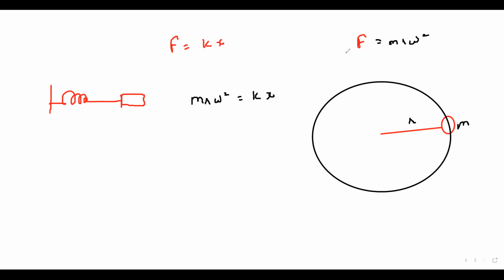So for example, how can I relate a circular motion with a simple harmonic motion? Say there is an object, like a lamp, an object undergoing a simple harmonic motion.